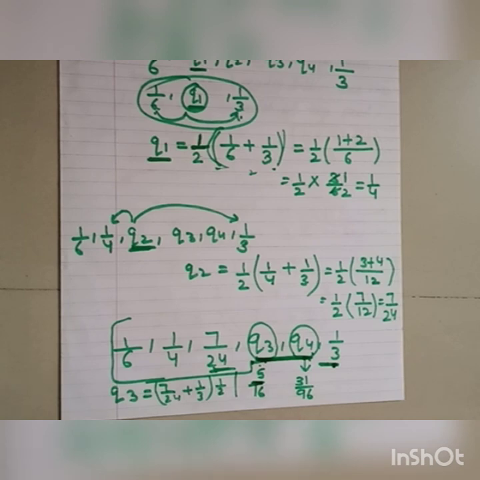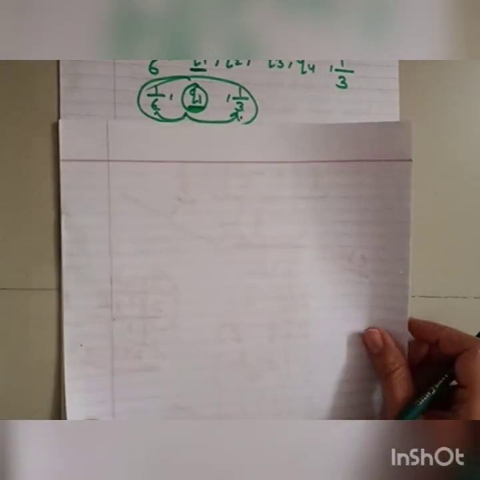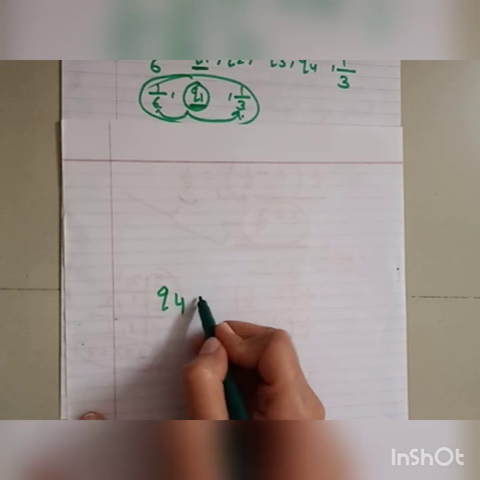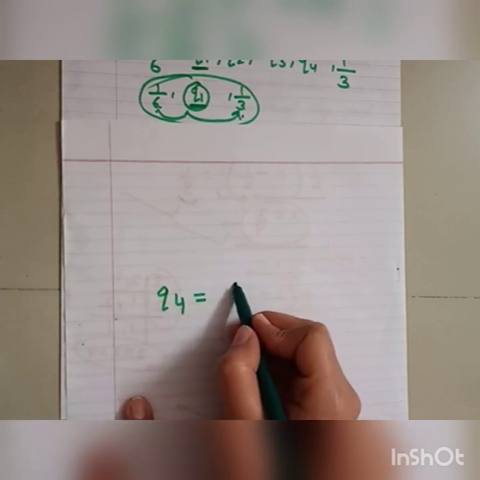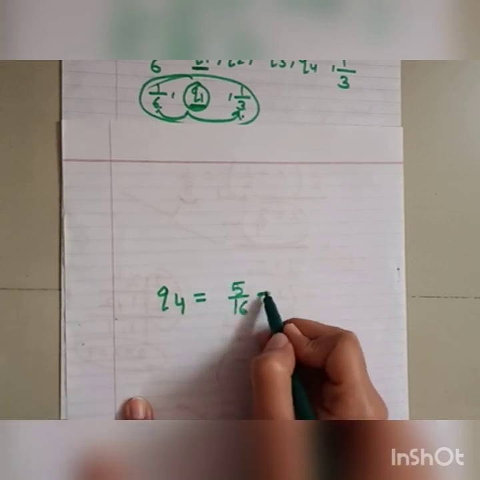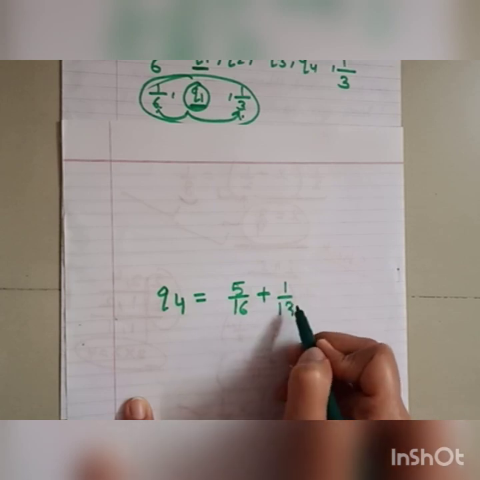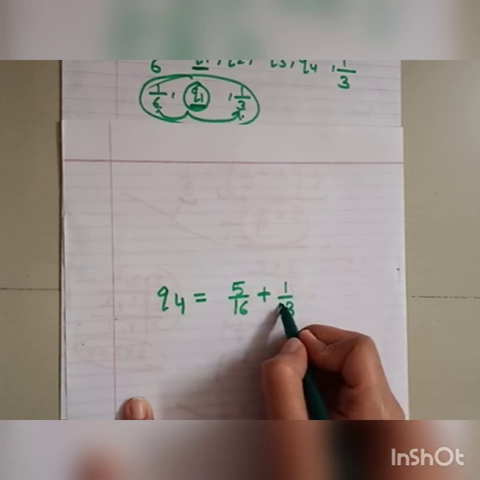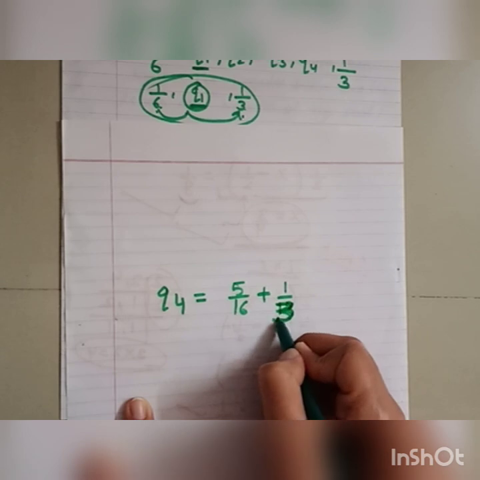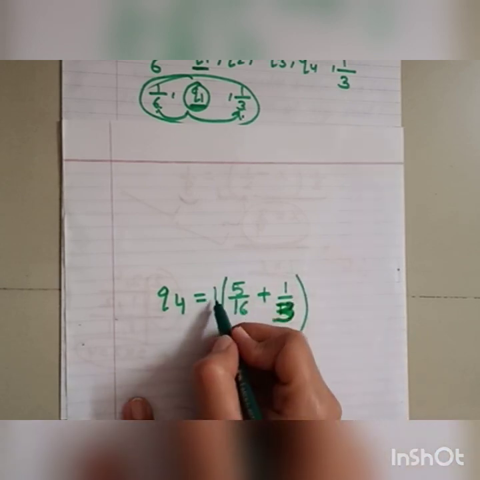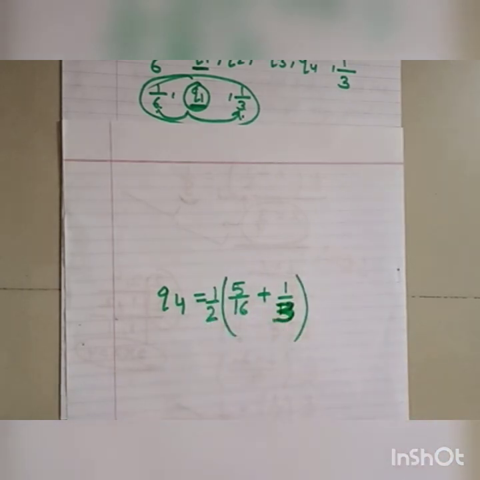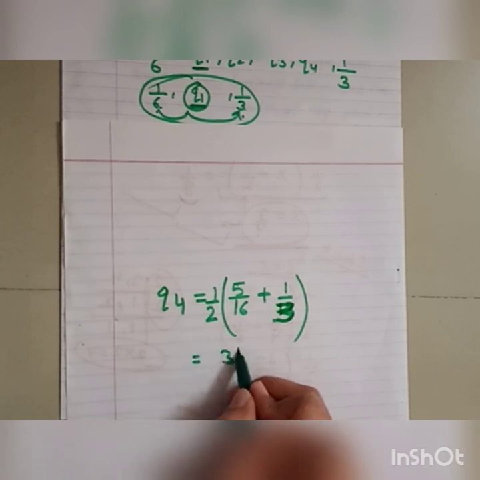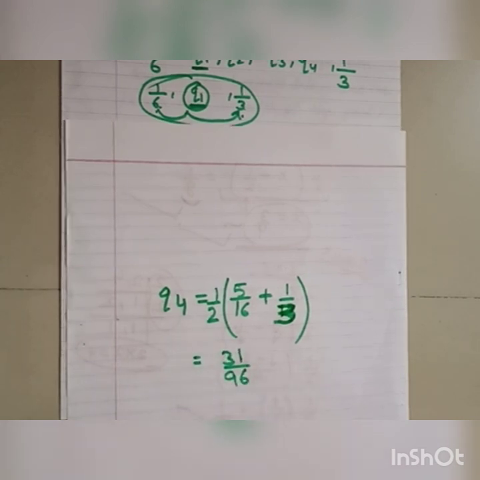For q4, you have to write q4 is equal to 5 by 16 plus 1 by 3, the last value is 1 by 3, and this is divided by 2. Then you get your answer 31 by 96.